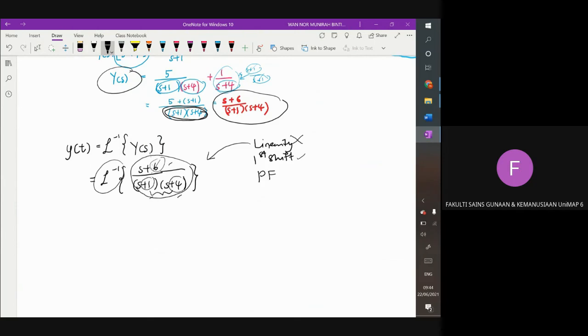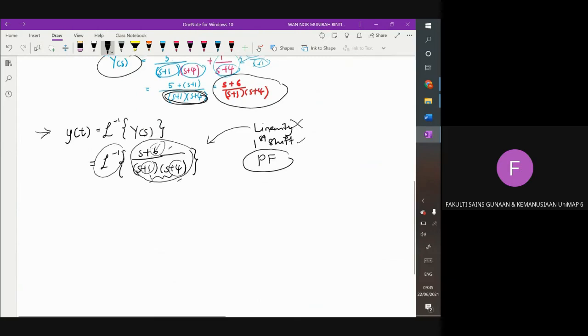But now you have integers. When you factorize, you get perfect integers here. So it is better you apply the partial fraction. That is how you think in order to solve for the Laplace inverse at this stage, in order to get the solution of the IVP.